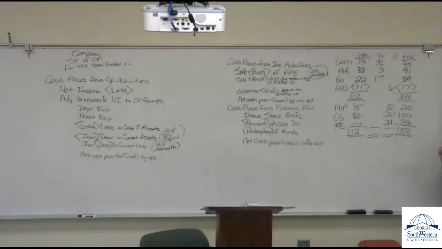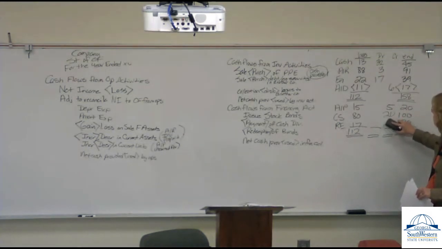Now the thing is, let's just look at retained earnings for a second, because at this point I like to fix what happened in retained earnings. What did happen in retained earnings? They give you in the problem what happened in retained earnings. What was it? Net income of 44, right? And dividends of 23.